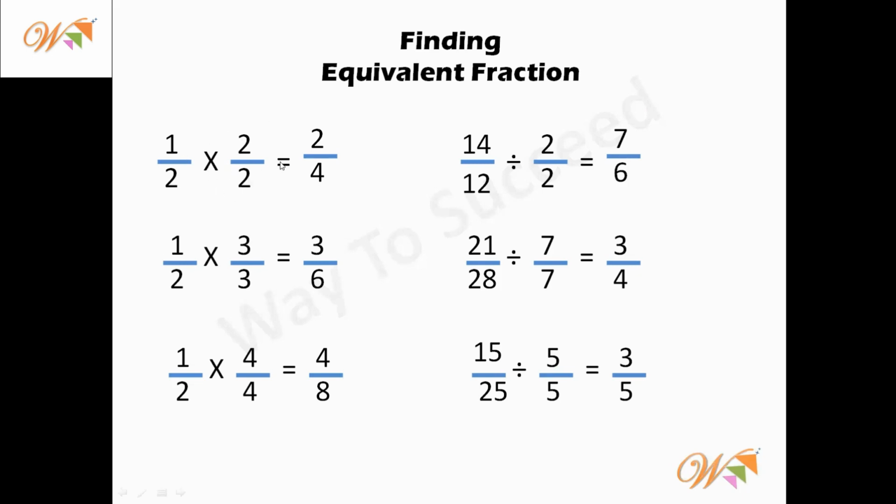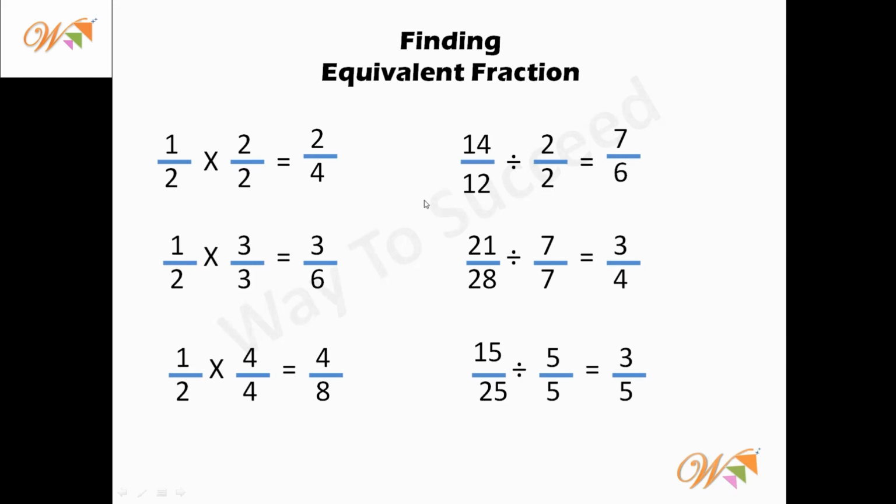So if I have a half and I multiply the numerator and denominator both by 2, I will get 2 by 4. Or if I multiply by 3, I will get 3/6. Or if I multiply by 4, I'm getting 4/8. So 2/4 is equivalent to half, 3/6 is equivalent to half, 4/8 is equivalent to half. So half, 2/4, 3/6, 4/8, all these are equivalent to each other.